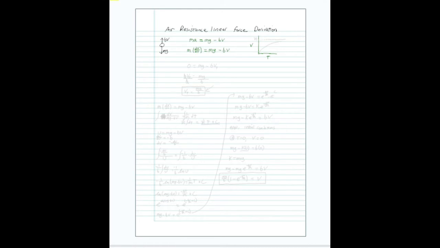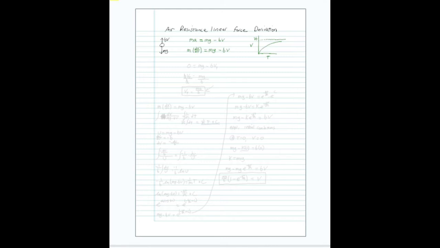So it's getting faster and faster, but it levels off and approaches what we call terminal velocity. The terminal velocity is the fastest it would go, and that's when the air resistance force equals the force of gravity.